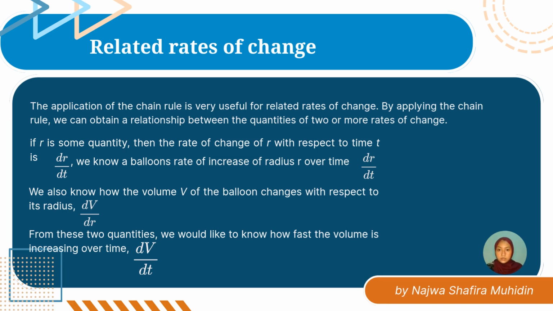If r is the radius of a balloon, then dr/dt tells us how fast the radius is changing over time. We also know that the volume of the balloon depends on r, and dV/dr tells us how volume changes with respect to radius. From these two known quantities, we want to find how fast the volume is changing over time, which is dV/dt.